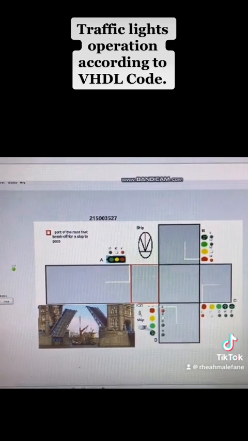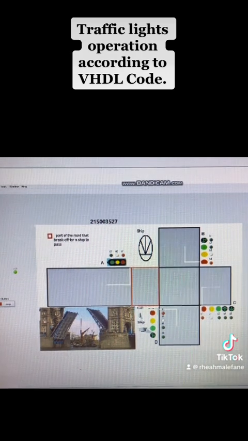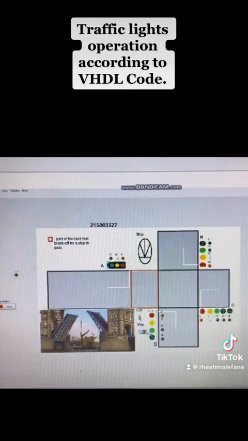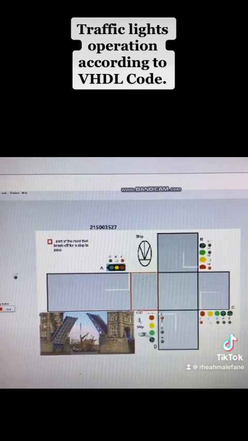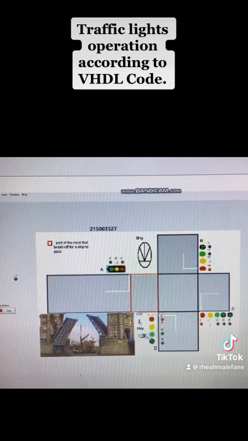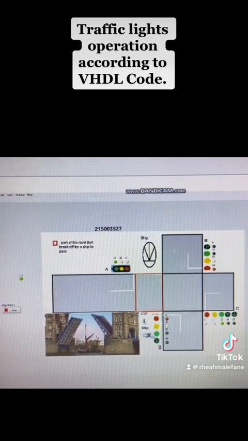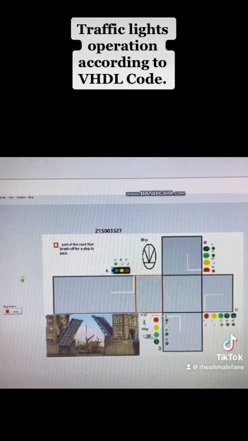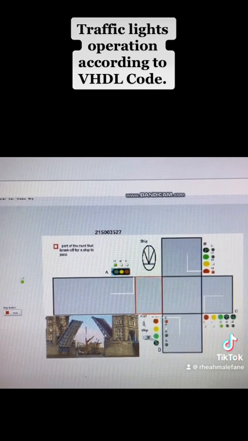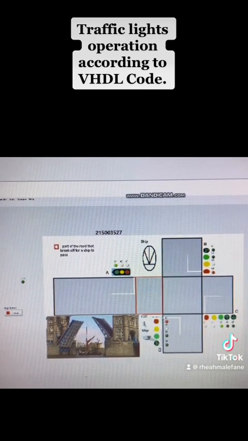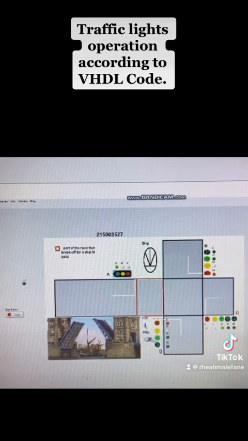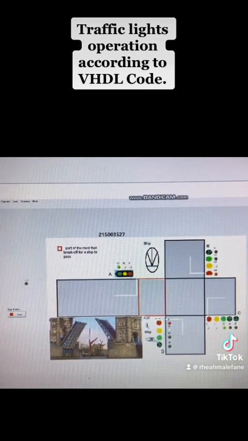Then when B4 and D1 are high, A3 and C1 and C3 are also high. A3 and C3 are high along with B4 and D1 being high while the ship is approaching the bridge.